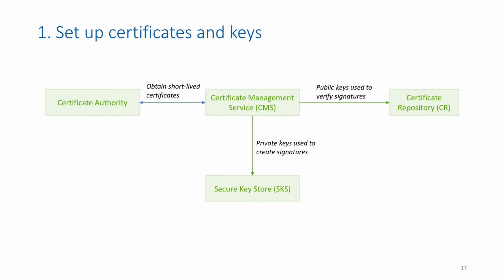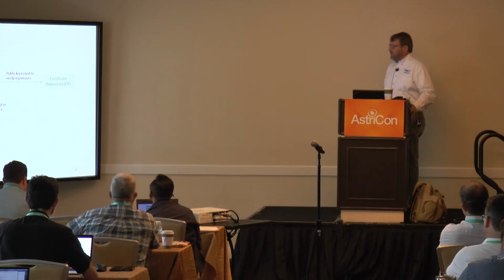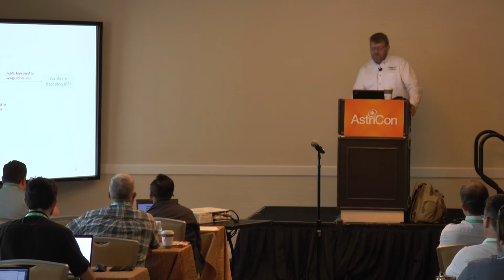So the trick is like changing your password, right? If I change certificates on a fairly regular basis, you can do that with originated calls. There needs to be some certificate management service to manage and hold these certificates, and then a repository and a key store. And this actually makes a lot more sense once you see the call flows.